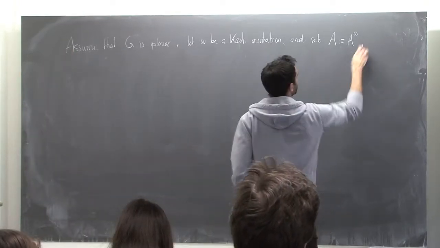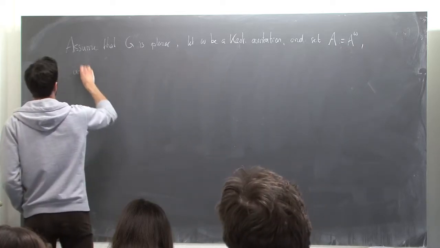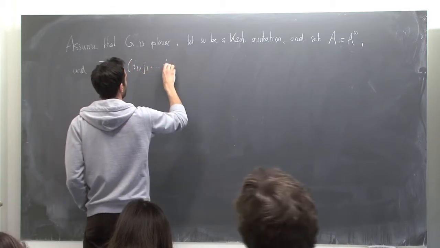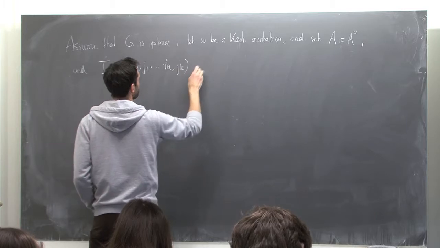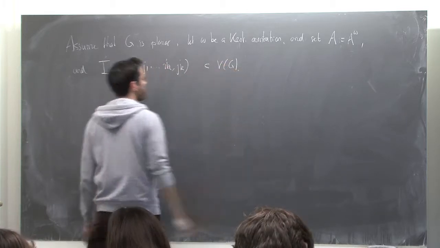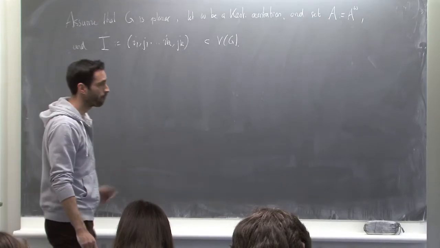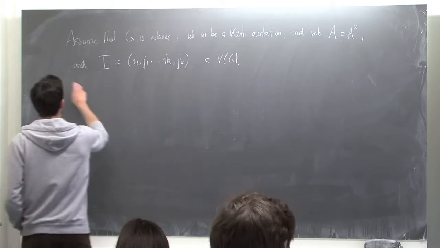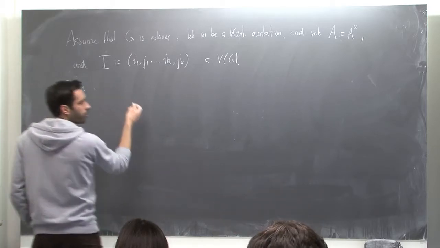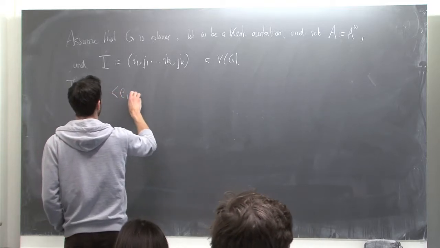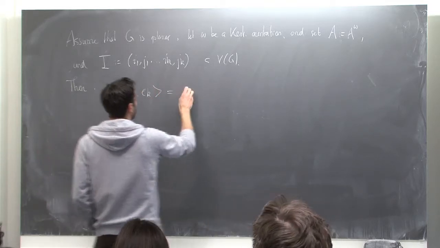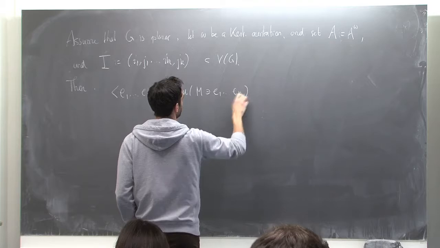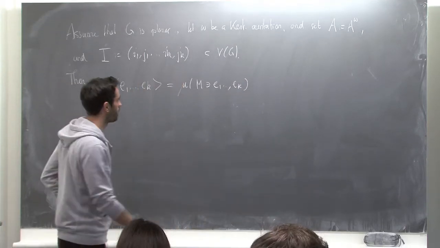I'm also going to set I for this set of vertices. Now it's going to be a one-line computation. So, remember that this is, by definition, simply this probability.